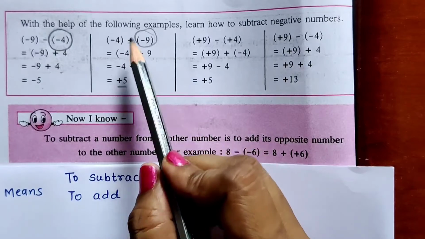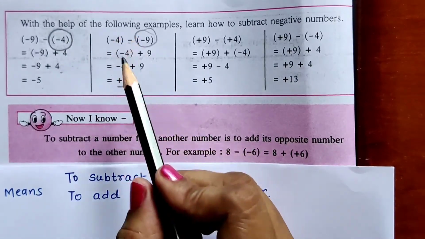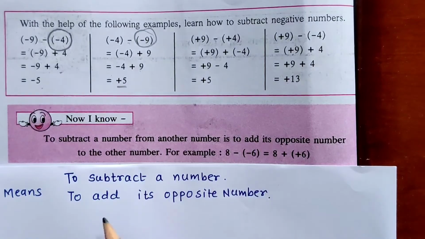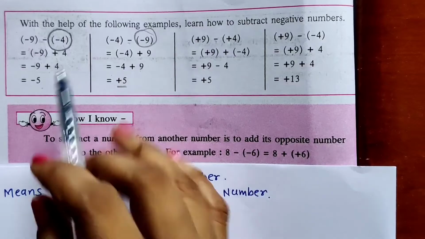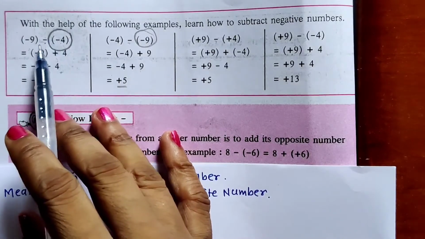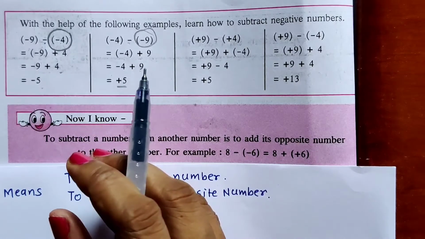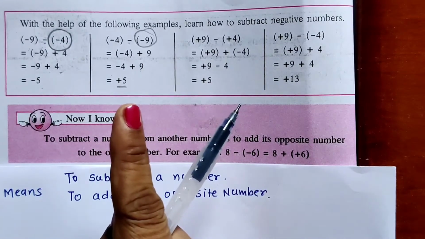So if it becomes difficult to remember this rule, what will we have to remember? When two signs come close to each other in such a way, we will have to combine these two signs and make a single sign.